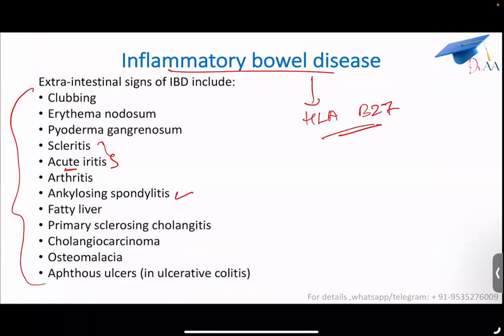As we have seen in our previous chapter, ankylosing spondylitis can cause bamboo spine and it causes the bones to be brittle, and fractures are more common here. So inflammatory bowel disease can be associated with erythema nodosum, scleritis, uveitis, and ankylosing spondylitis. At least this much you need to remember. These are the important extraintestinal signs of inflammatory bowel disease.